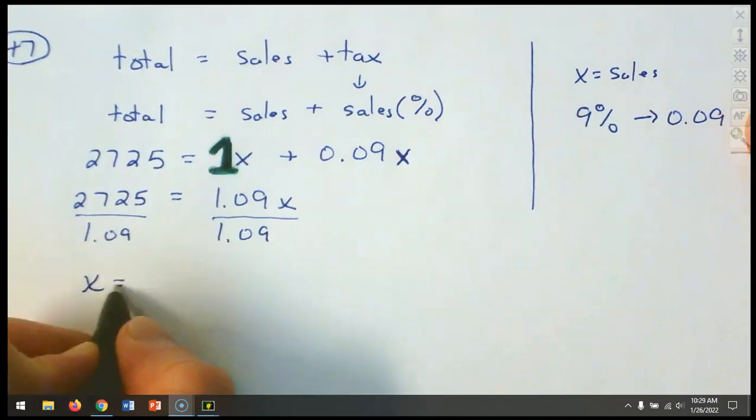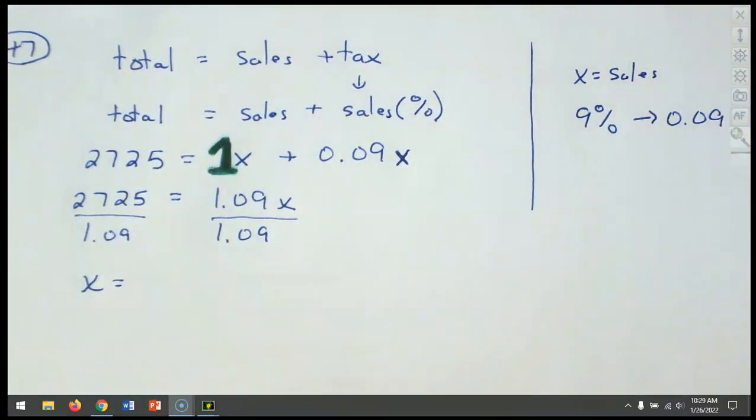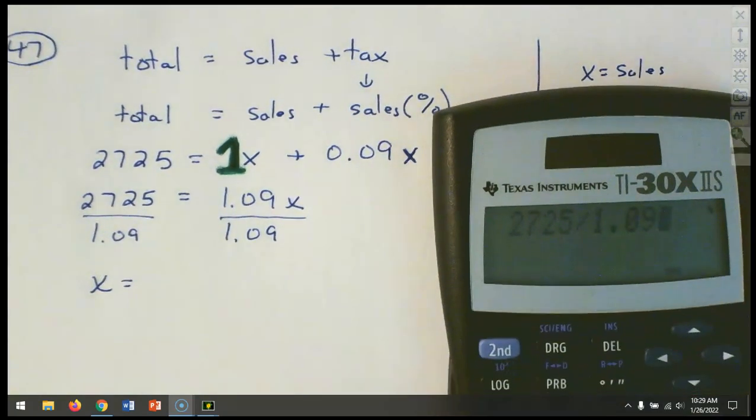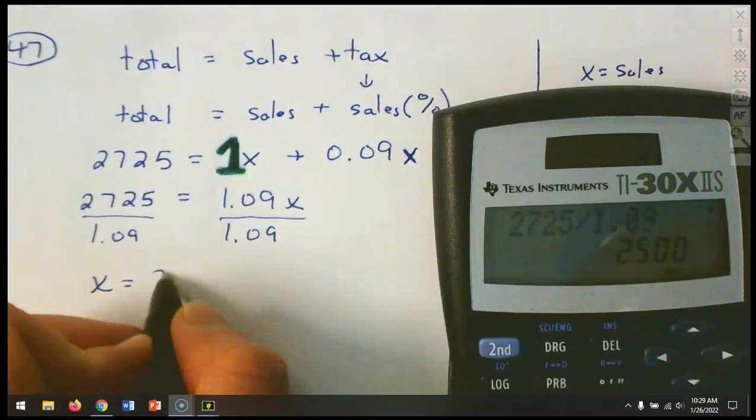Now, what's my sales going to be? You've got 27.25. We're going to divide that by 1.09. That's going to come out to then be 25.